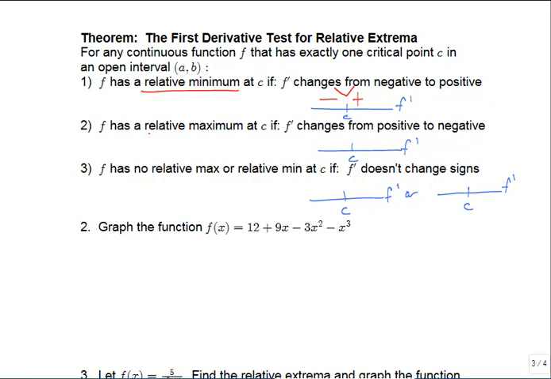That critical number will be a relative maximum if your first derivative changes from a positive to a negative, so that I rise up and then I fall. And you will have no relative max or relative min if the derivative doesn't change signs. So if it's plus plus or minus minus, then we're out of luck.